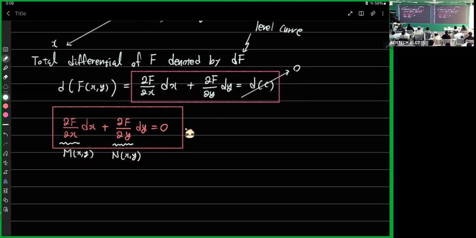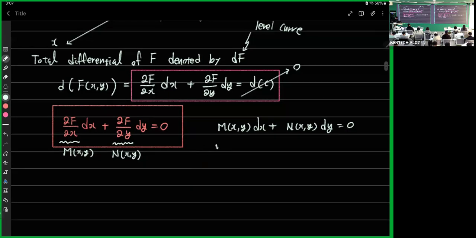Let's rewrite this with the new expression using M and N. Then we get M of x comma y dx plus N of x comma y dy equals 0, where partial f partial x is equal to M of x comma y and partial f partial y is equal to N of x comma y.